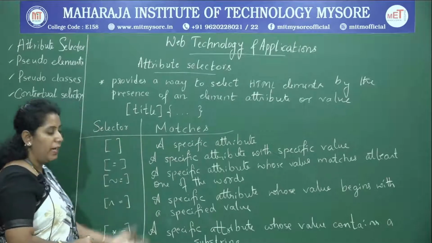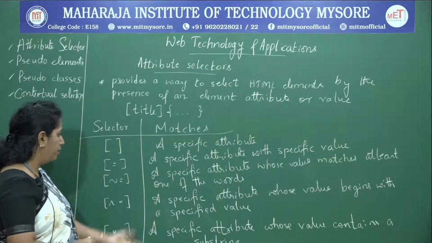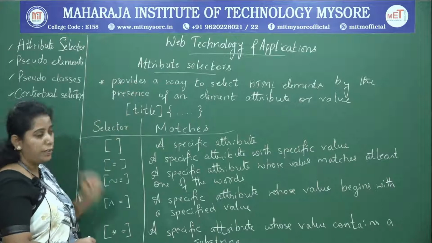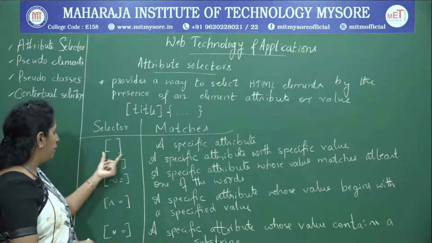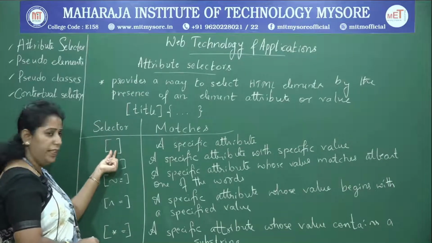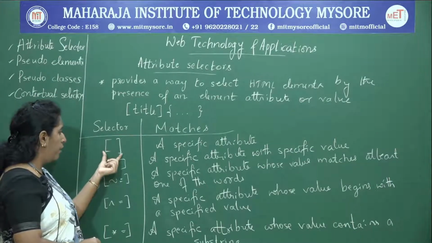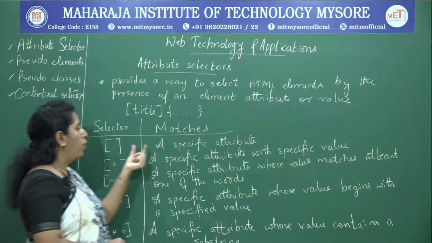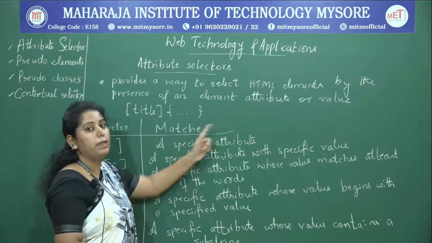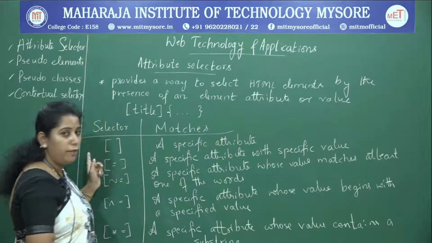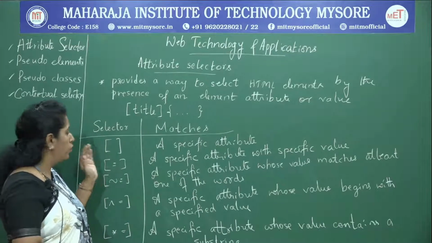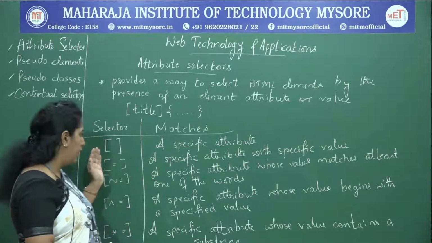Here I have listed a few of the selectors for the attribute type. For example, if you give an attribute within a pair of square brackets, it matches a specific attribute. I will give you an example on this so that you can understand it easily.